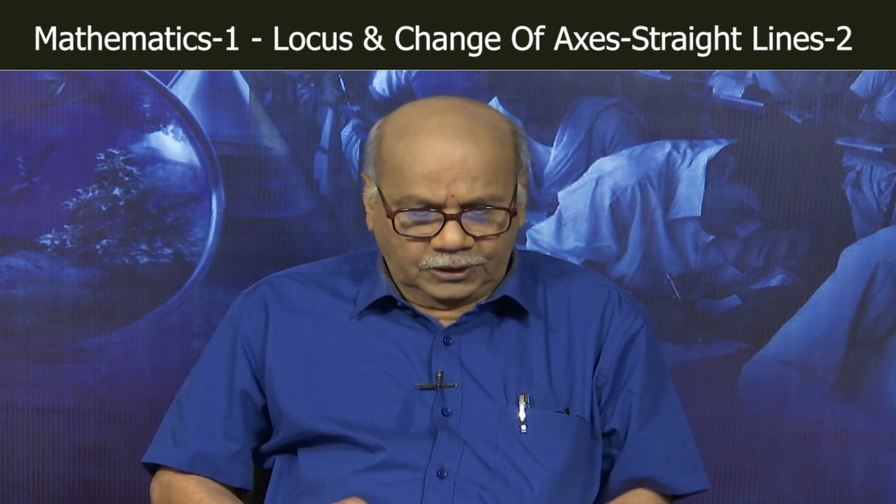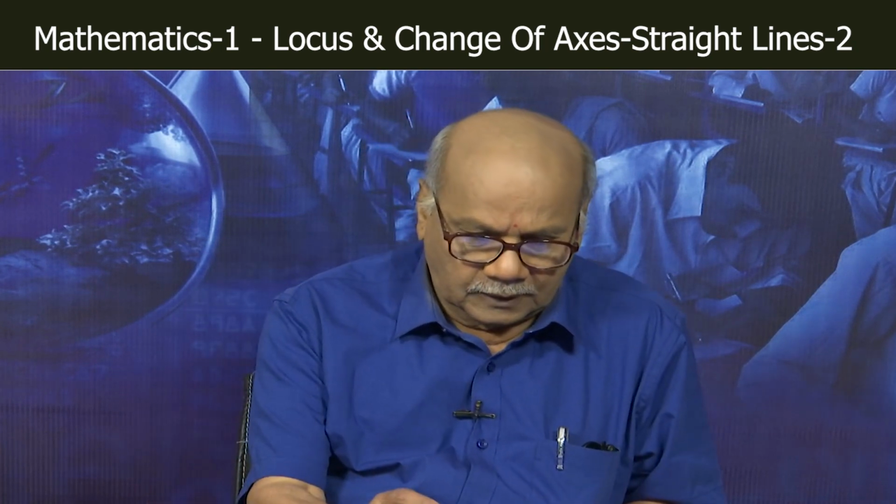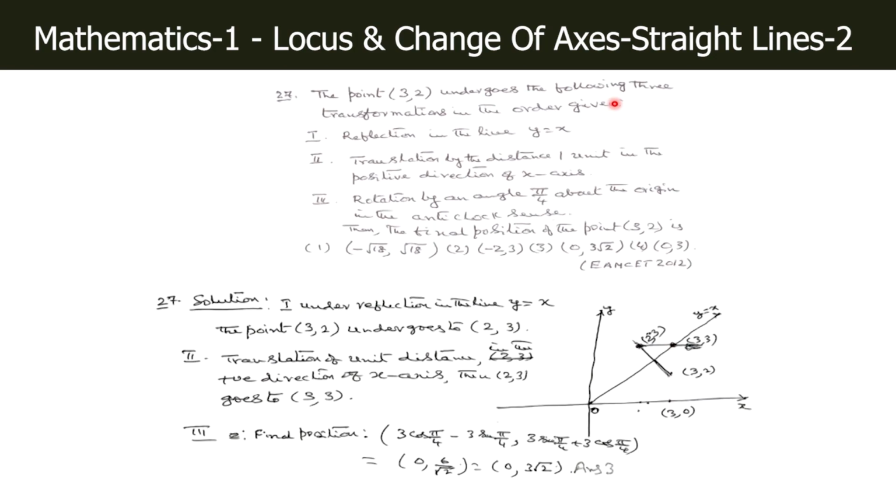The point (3,2) undergoes the following three transformations in the order given: reflection in the line y equals x, translation by a distance of 1 unit in the positive direction of the x-axis, and rotation by an angle pi by 4 about the origin in the anti-clockwise sense.